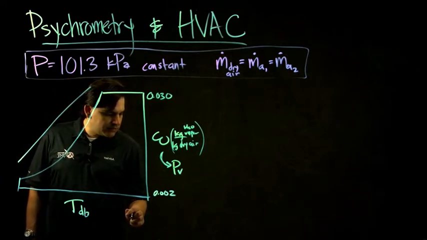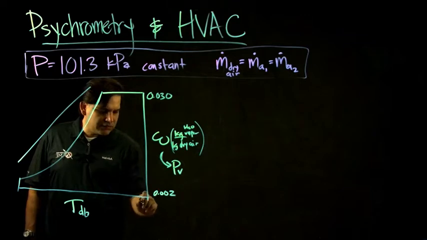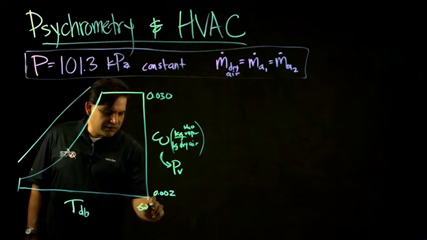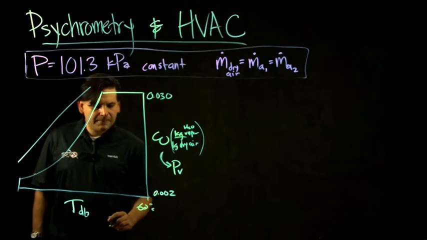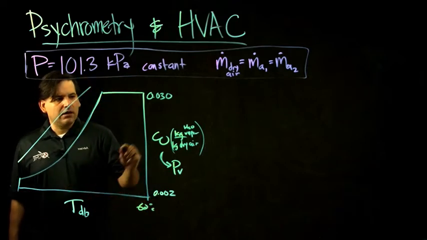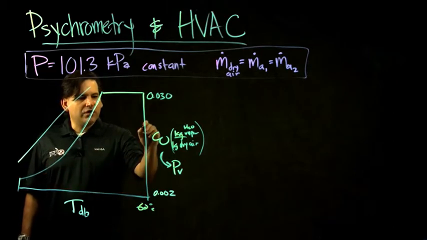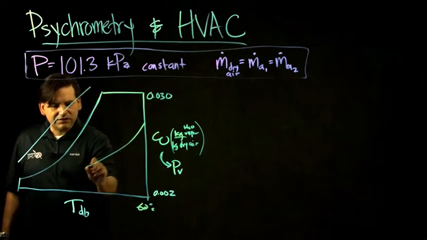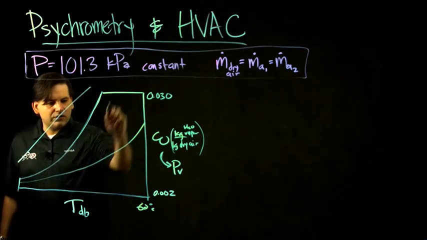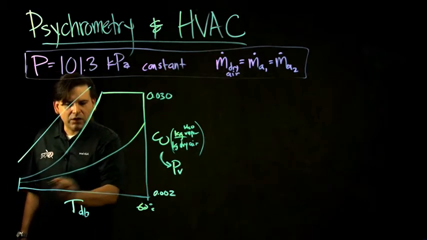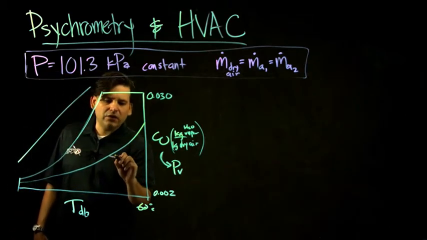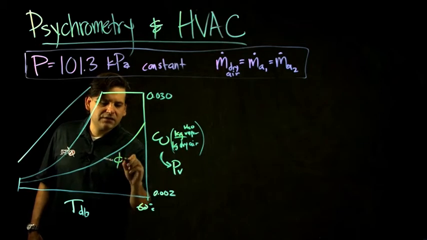And I forget if this is going to be like 60 degrees Celsius or so. And then within the body of the chart, there are these lines. For example, there are many lines going along with these, and they're lines of constant relative humidity.